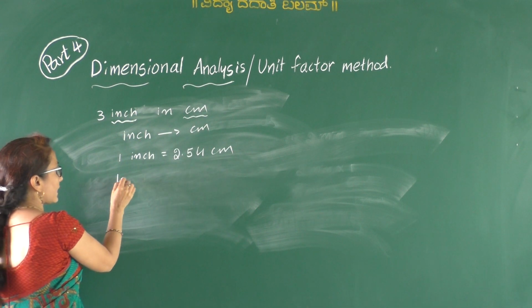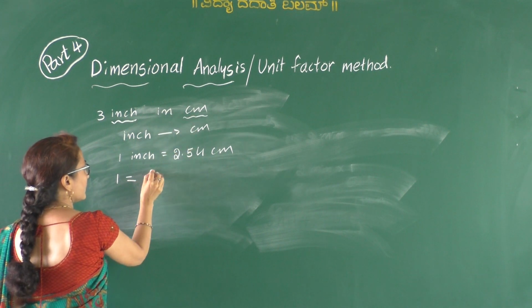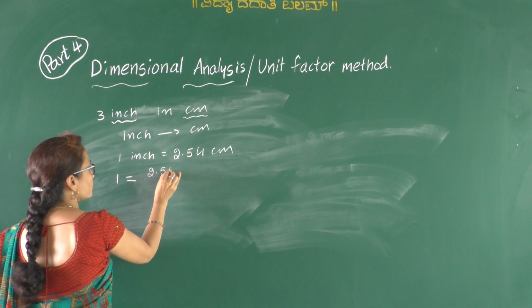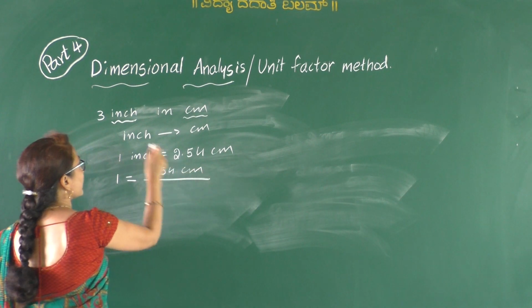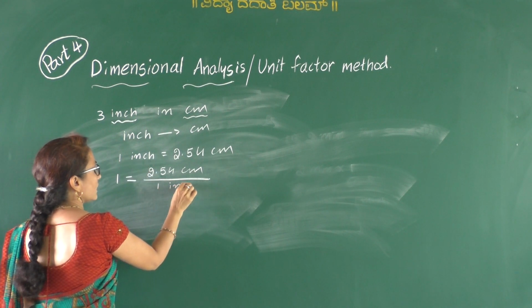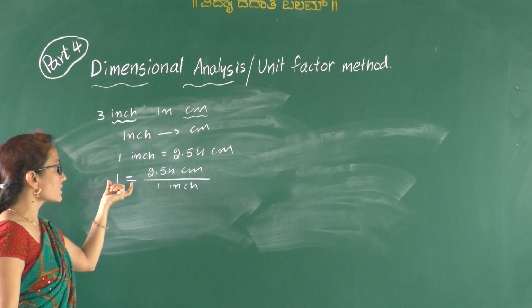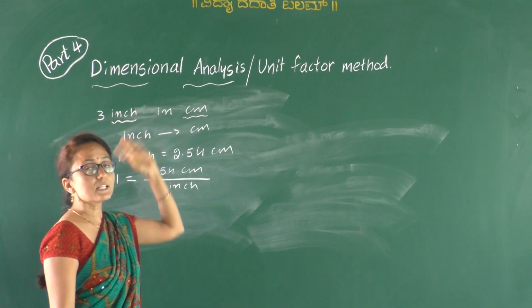Therefore the unit factor has 2.54 centimeter in the numerator, and 1 inch in the denominator. This is the unit factor we require to convert inch into centimeter.